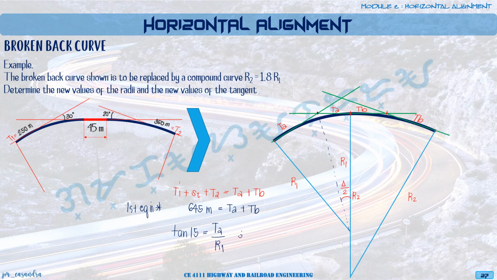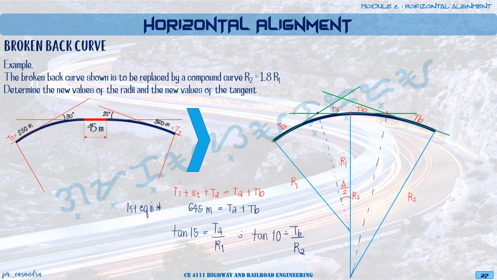And at the same time, we're going to draw a line here. This is now tangent of 20 divided by 2, so tangent of 10 is equal to TB divided by R2.